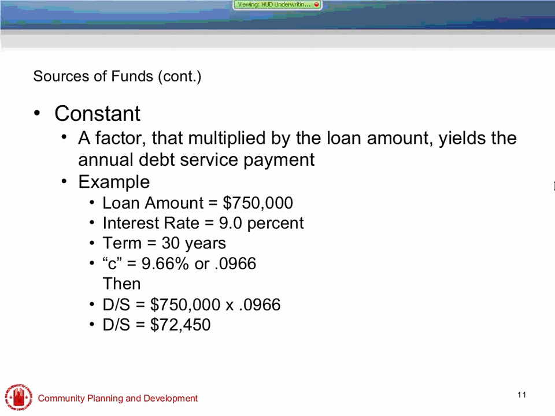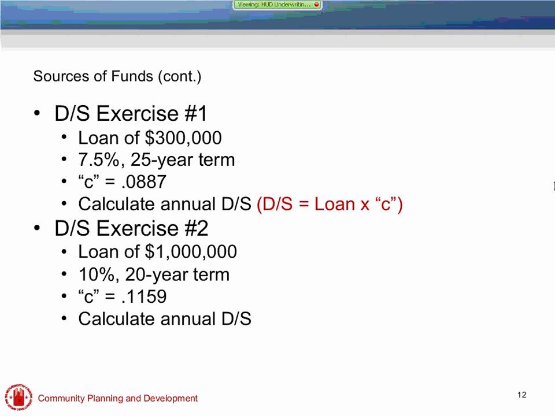So let's do an exercise for debt service. We're going to do two different exercises, and again, this is just to get you familiar with the math and familiar with these formulas that you'll use quite a bit in the classroom courses. So the first exercise, we're looking at a $300,000 loan, 7.5% interest rate for a 25-year term. So the constant on the chart would be 0.0887.